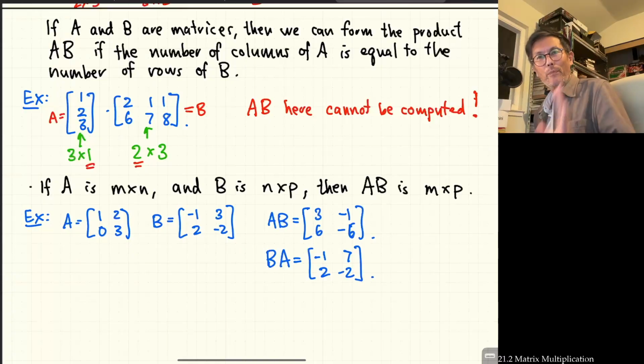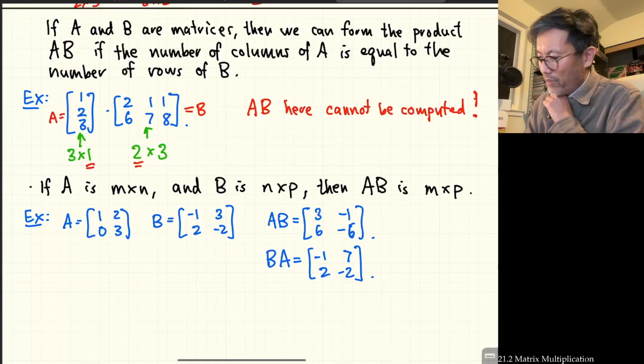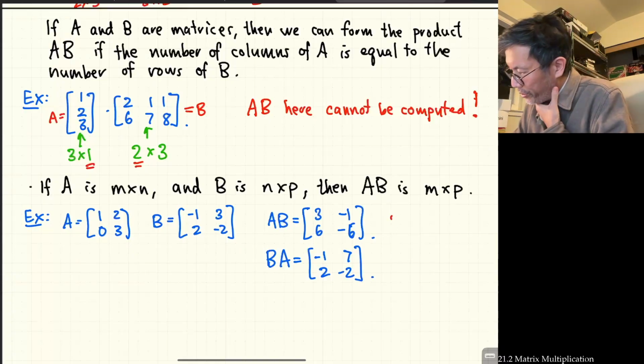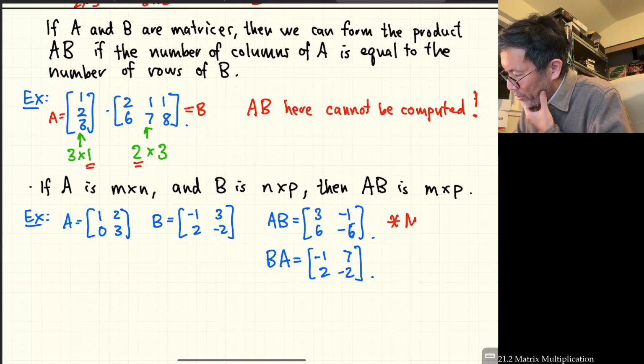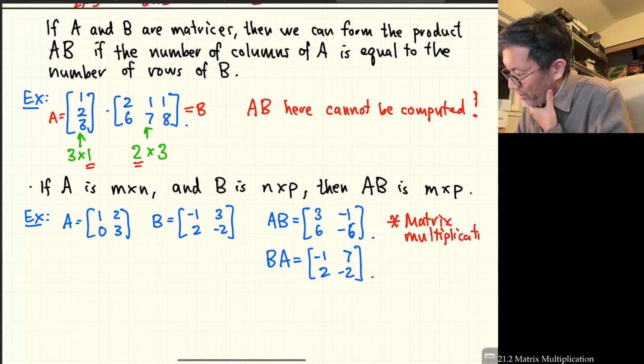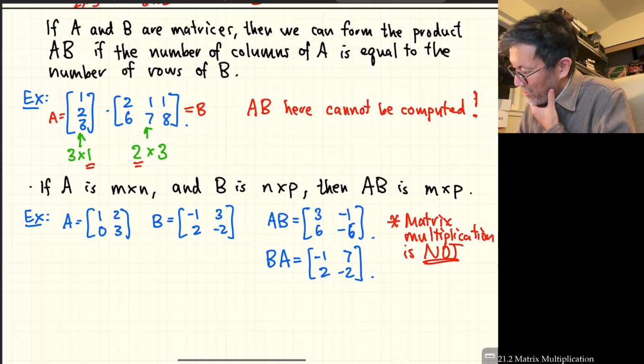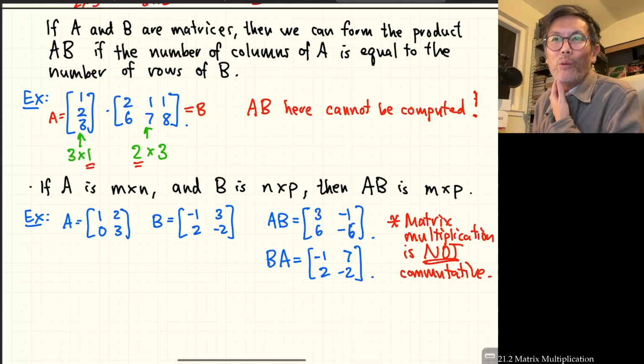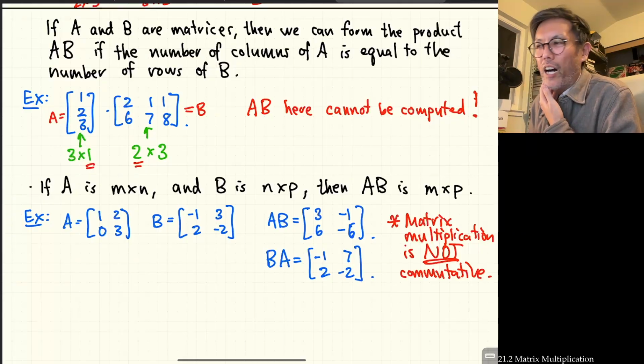And do you see something crucial here? Crucially, matrix multiplication is not commutative. This is so important. Okay?